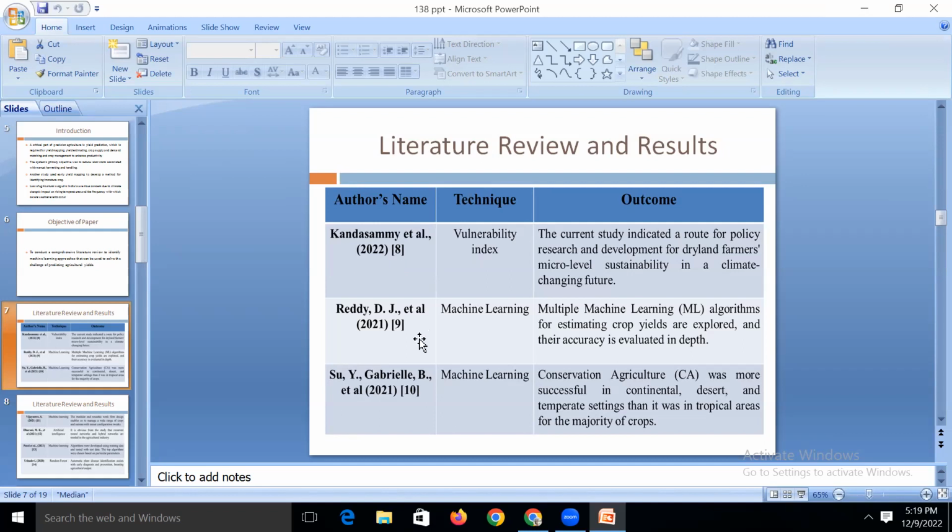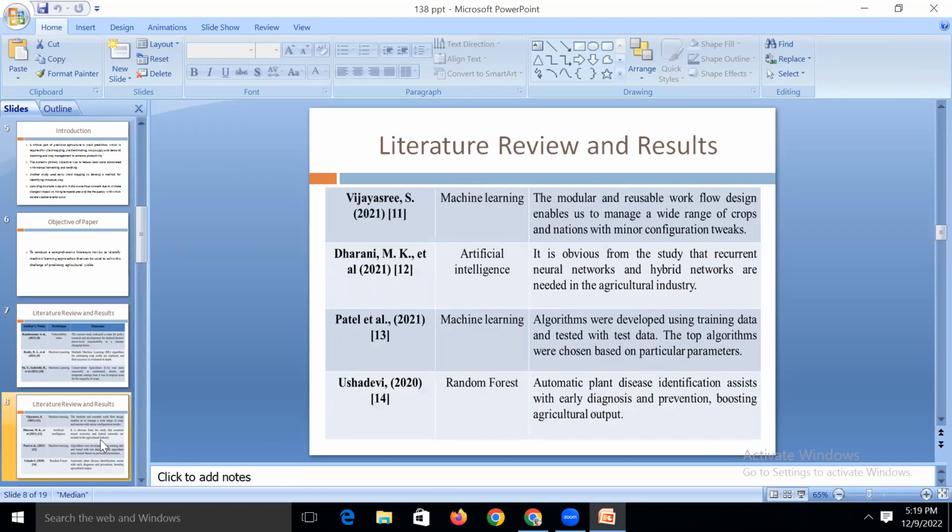Another research work I have studied is by Mr. Reddy, who uses machine learning techniques to estimate crop yield, and their accuracy is evaluated in depth. Another important one is Vijayasree, presented in 2021.